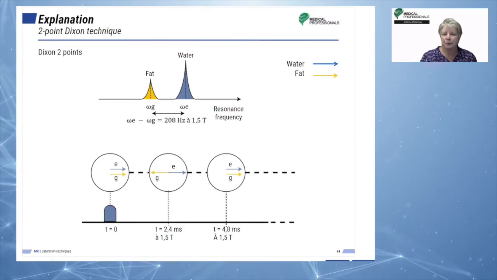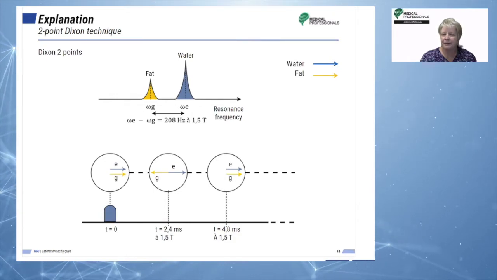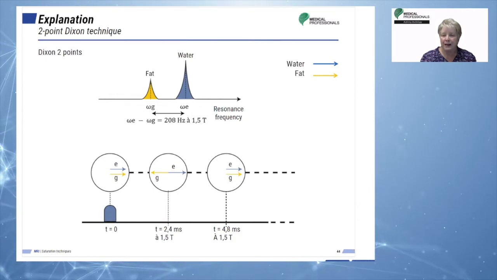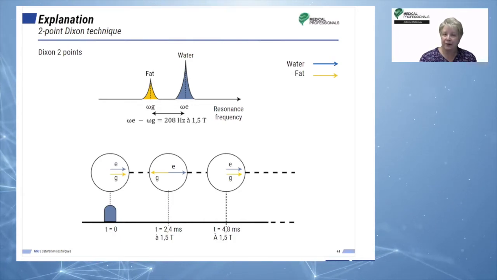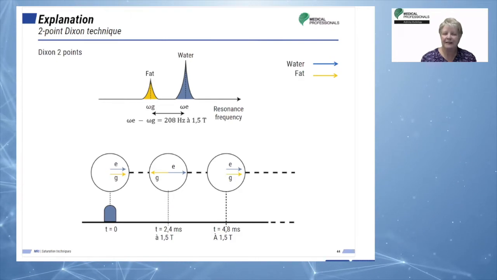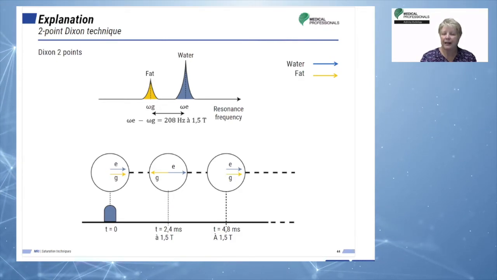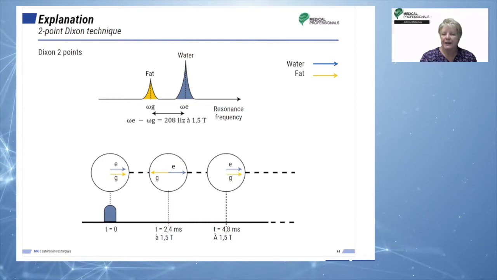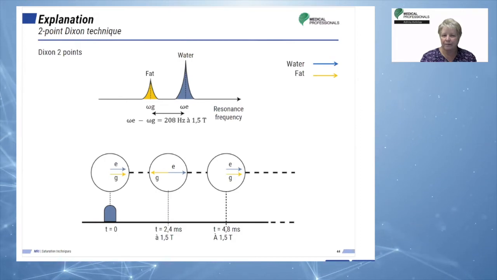So after 2.4 milliseconds, a 180 degree phase difference exists between the water and the fat spins. At 4.8 milliseconds, which is another 2.4 milliseconds, the lipid signal or the fat signal and water signal are again in phase. The phase difference between them is 0, and so on.